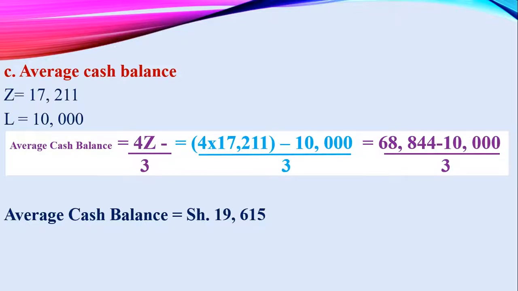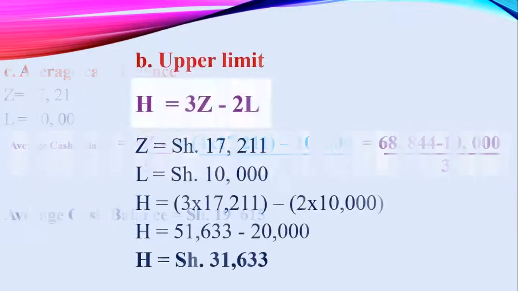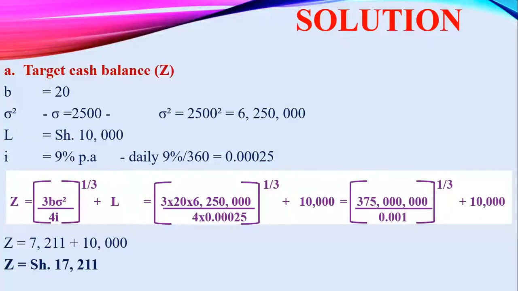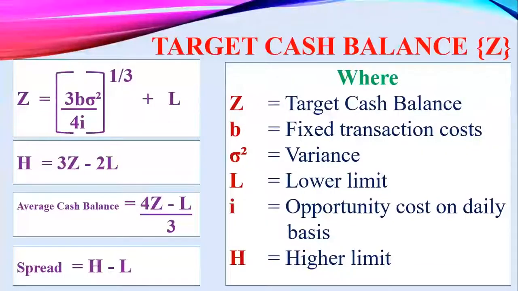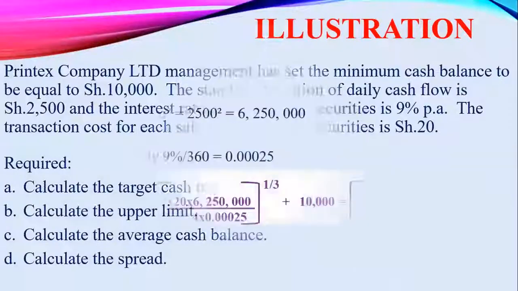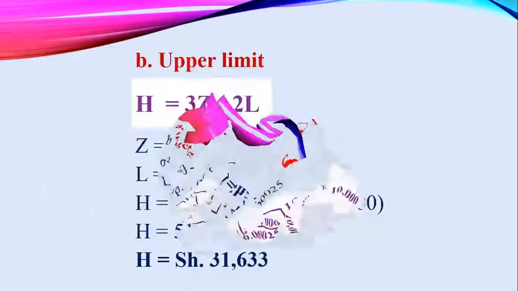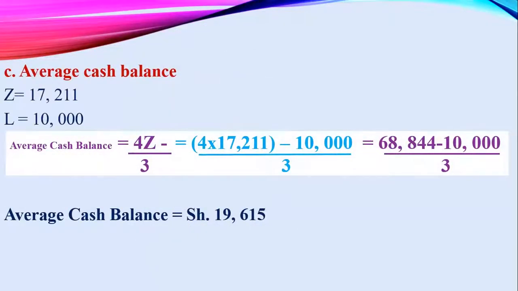The average cash balance, as we saw, is given by this formula here. Sorry, there seems to be some bit of error here. Let me just take you back to it a little. We said that to get the average cash balance, you take 4Z minus L, and you divide that by 3.